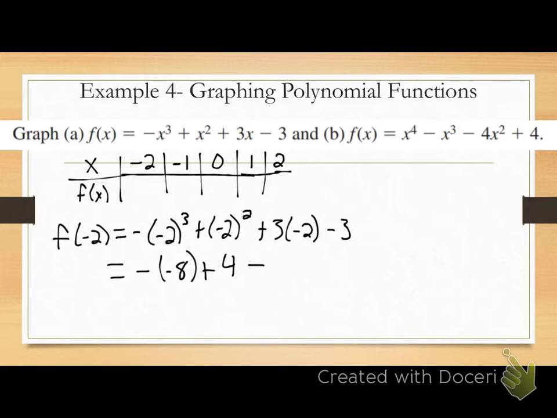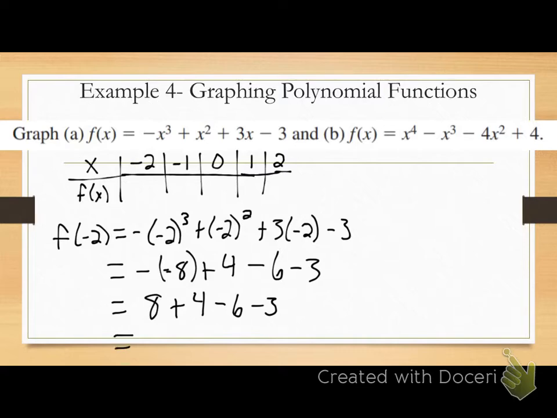Negative 6, and then I still have that minus 3. On your negative 8, don't forget there's still that negative sign in front of it. So I have negative, negative 8. What's that going to turn into? Positive 8. So I have 8 plus 4 minus 6 minus 3.